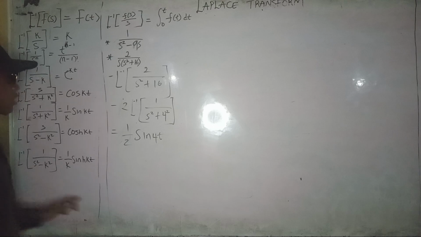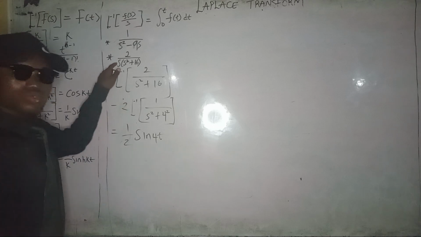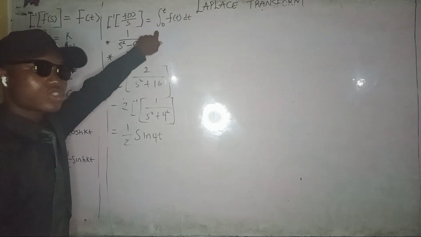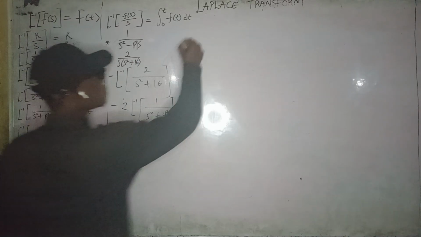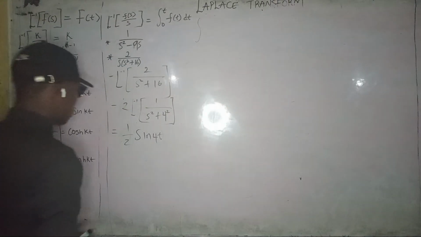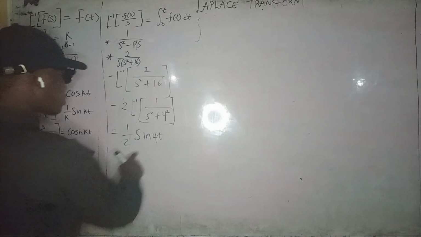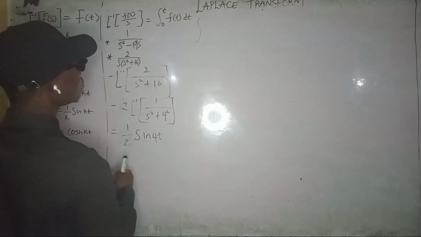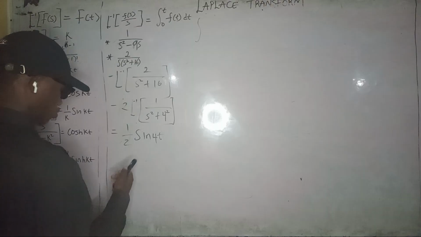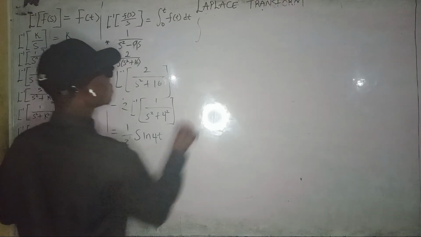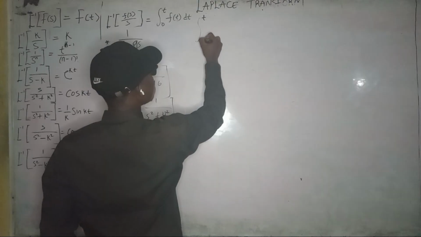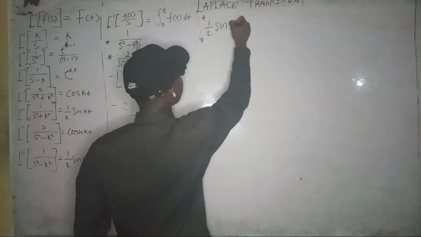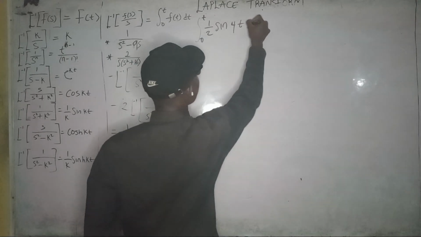4t. So now that I've gotten this, the s that we ignored, what happened to it? We are going to have to integrate it from 0 to t in order to get our answer. So therefore, if we integrate sine 4t from 0 to t, we have integration from 0 to t of 1 over 2 sine 4t dt.